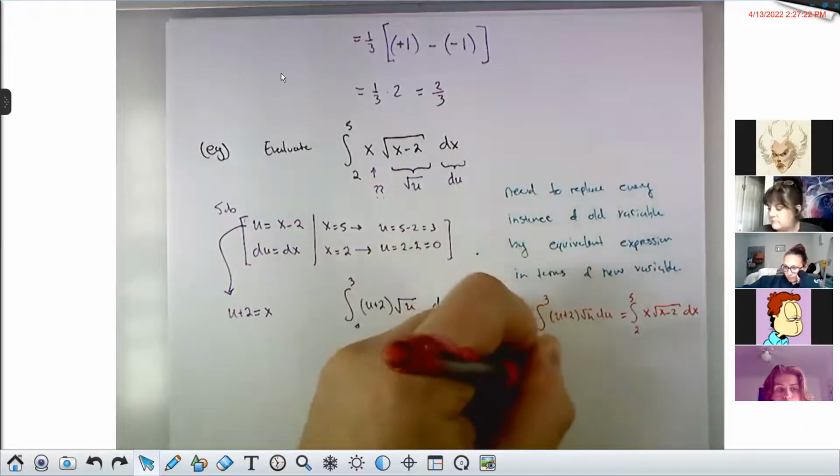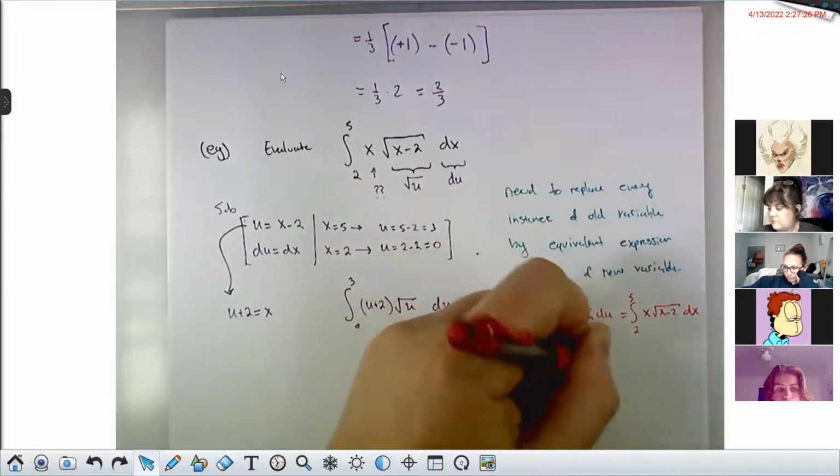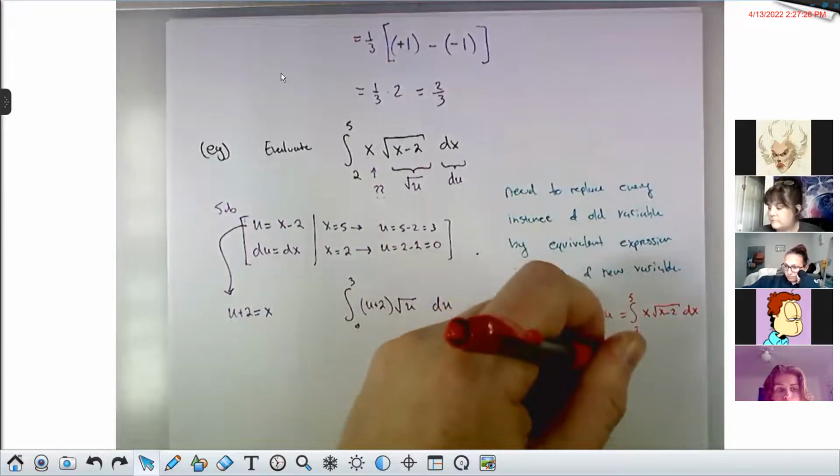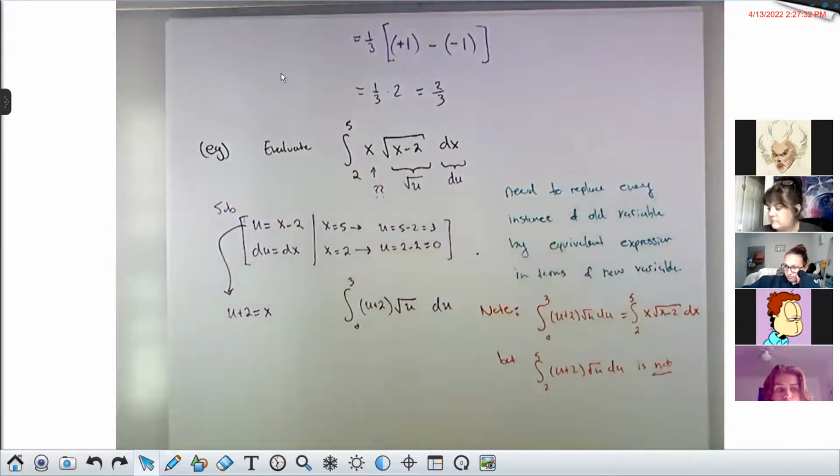But the integral from 2 to 5 of u plus 2 square root of u du is not. So we really do have to change the bounds. In simple substitutions like u equals x minus 2, we're just dragging the graph to the left or to the right.